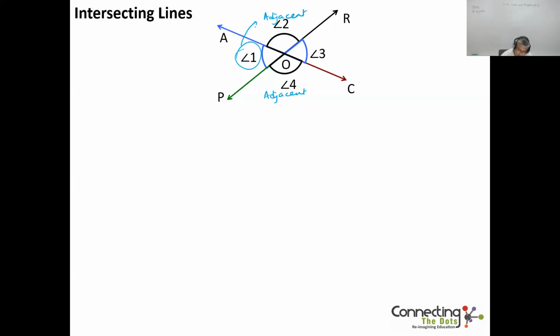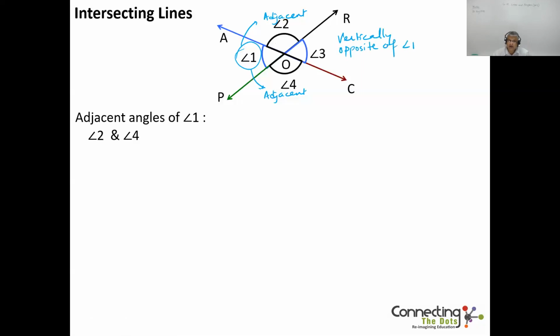So 3 is called vertically opposite of angle 1. See, it is not a neighbor, it is opposite to angle 1. You are understanding this? So adjacents of angle 1 are 2 and 4. So the vertically opposite of angle 1 is 3.